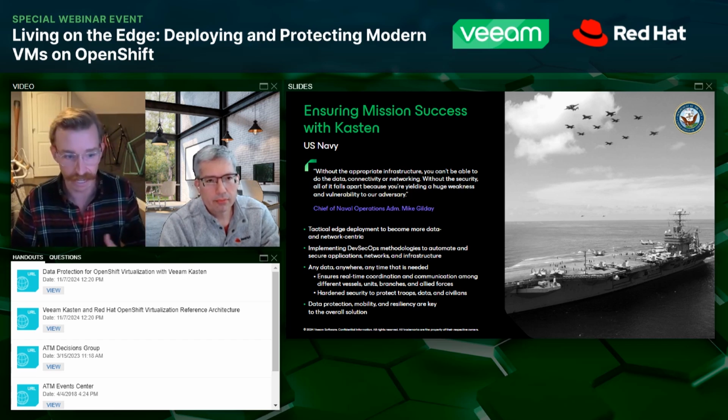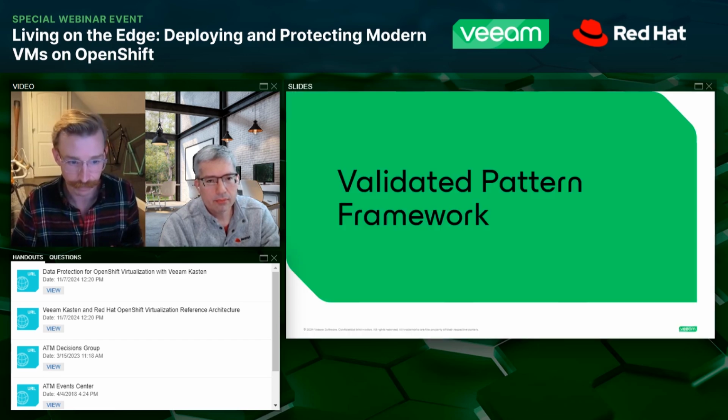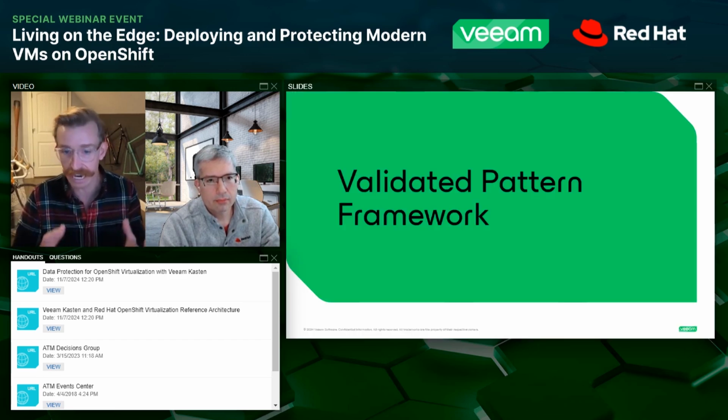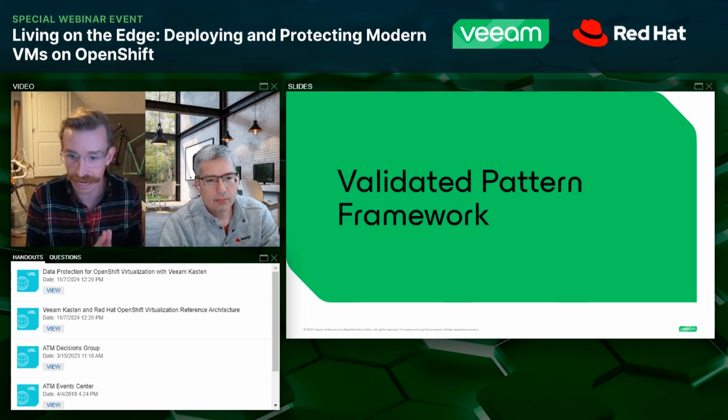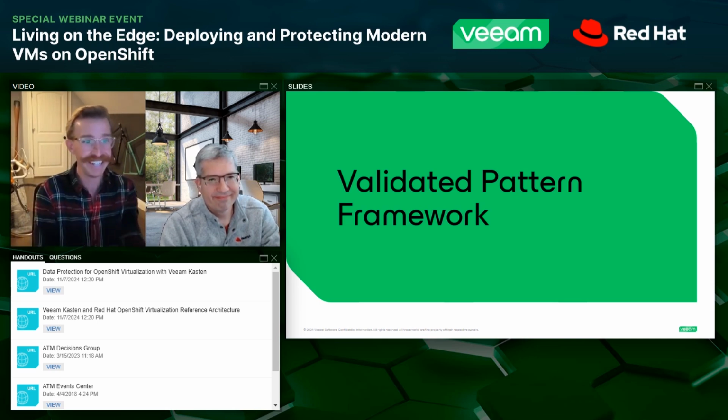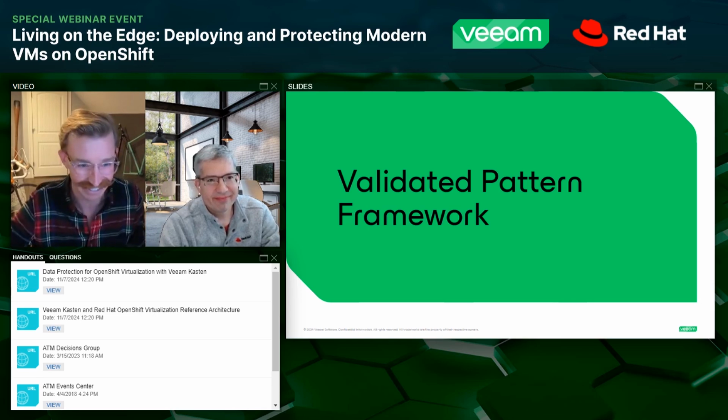This is something in the Kubernetes world where GitOps is becoming a preferred method for doing this kind of change management. And that's where we find ourselves talking about the Red Hat validated pattern framework. And I don't want to steal any thunder from Martin here before I conversationally go off the deep end.